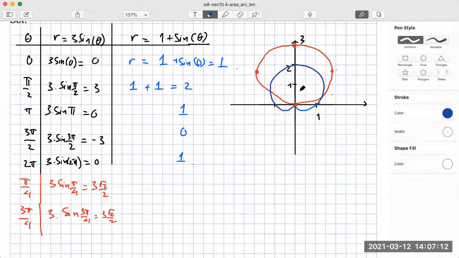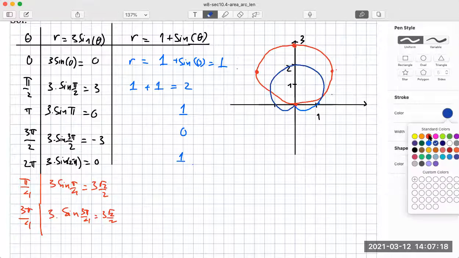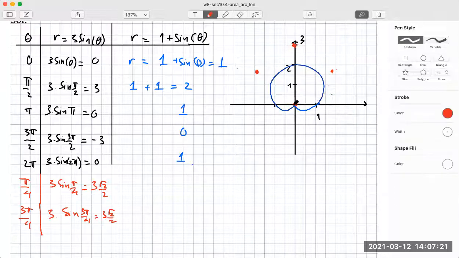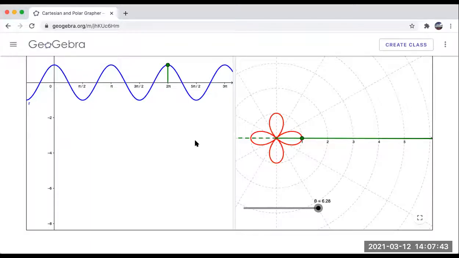This is how it looks like. I know it's not very good, or we can graph it like this. If you pick some more points, you see it better.